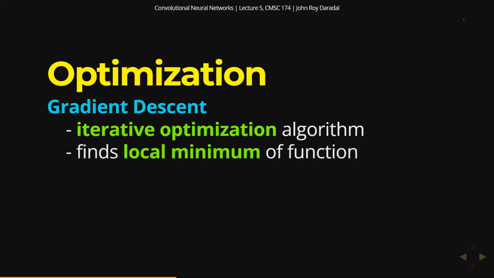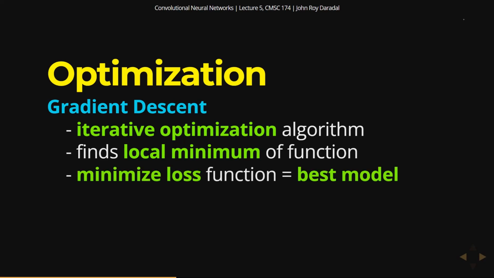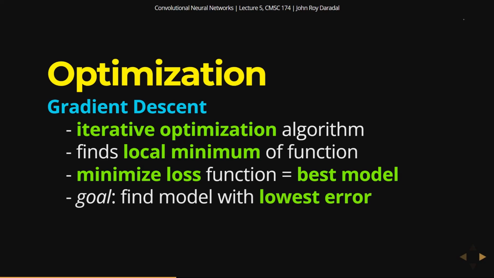And what it will do is try to find the local minimum of a function. The function that we're trying to minimize, of course, is the loss function. If we minimize the loss function, we'll get the best model. So the goal is to find the model with the lowest error or the lowest loss. That is why we'll use gradient descent.